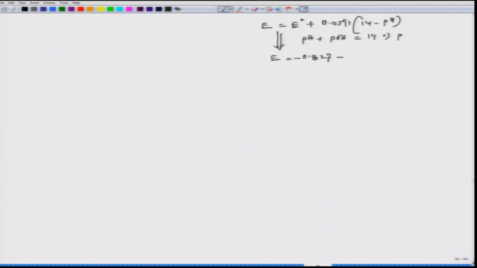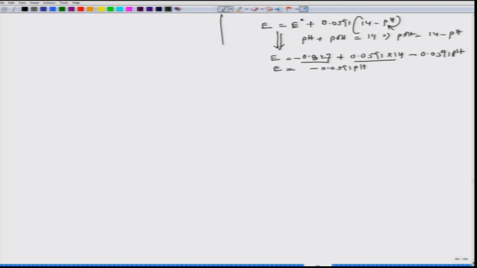So, pOH equals 14 minus pH. So, that is what you have put here. This becomes plus 0.0591 into 14 minus 0.0591 pH. You will see that these two quantities would cancel. So, it becomes minus 0.0591 pH.